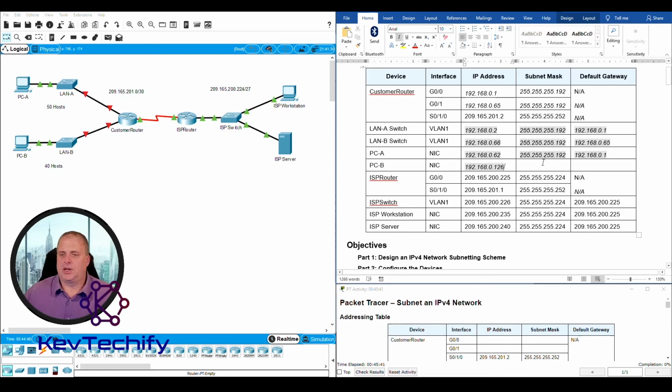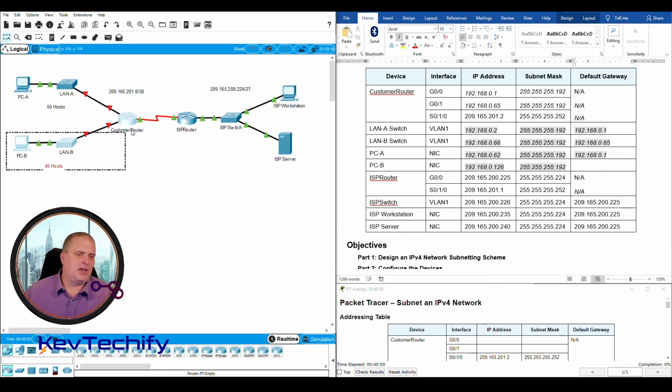192.168.0.126. Subnet mask, once again, is the same for all of our networking devices. What we subnetted there, 255.255.255.192. And then the default gateway. Over here, once again, our default gateway for LAN B is the exit on and off. That's this interface right here.